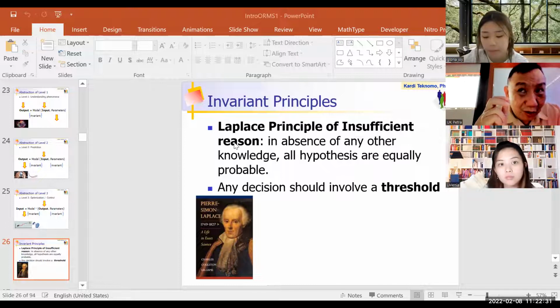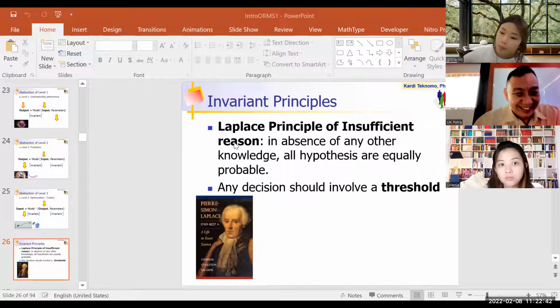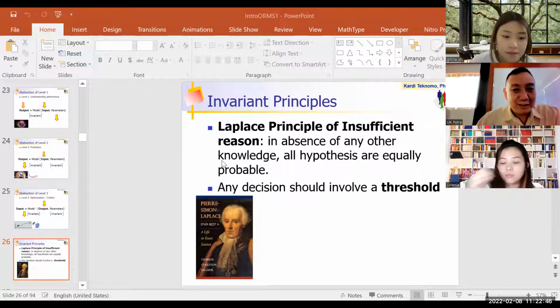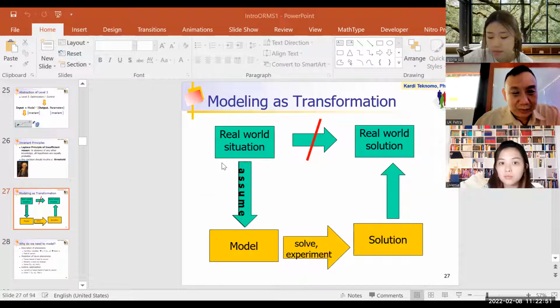How do you get 1/6? That is the assumption. What is the basis of the assumption? Laplace principle of insufficient reason. With that, you can start to make a decision based on a certain threshold.